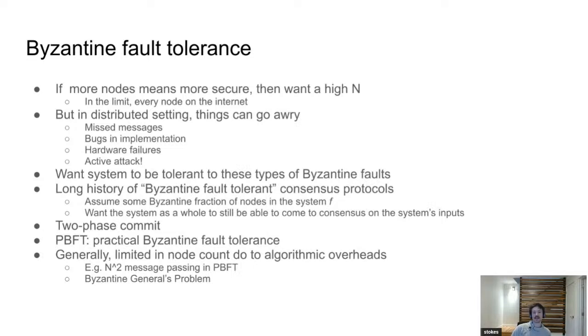We want to be able to come to consensus with a very high number of nodes, even in the presence of some malicious or some Byzantine fraction. And for a while, this was the state of the research, and that was the best we could do. People were researching this, but ultimately, we were just moving along until the advent of Bitcoin.